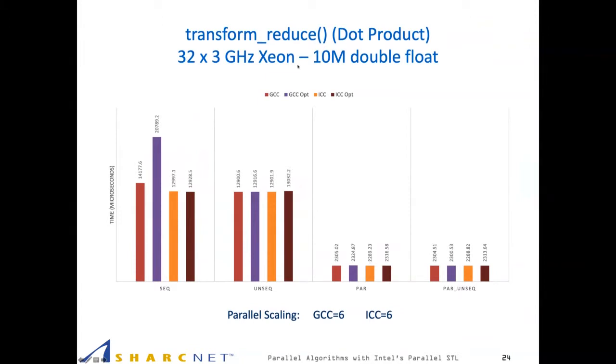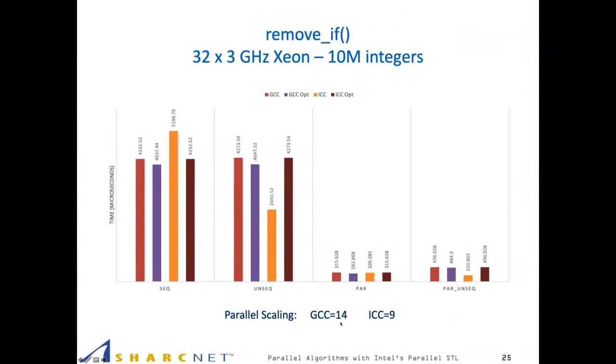But after switching to the optimized version of GCC, it goes back. The OnSec version performs better than the sequential version. Parallel versions are also here, but the scaling is not as good as transform. It's about 6 for both GCC and ICC.